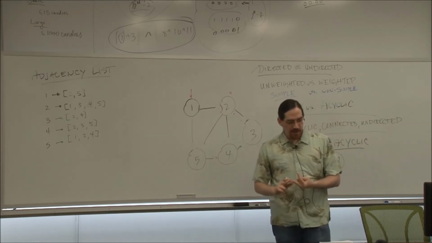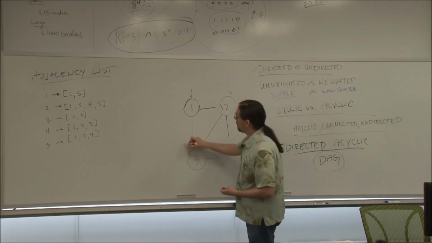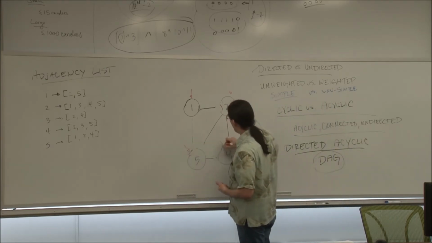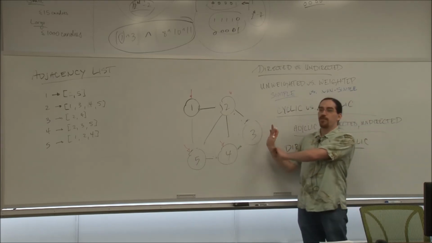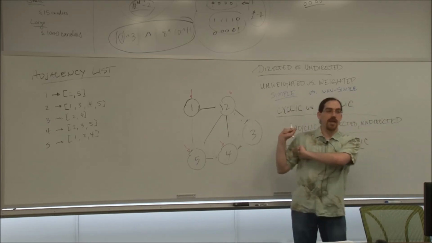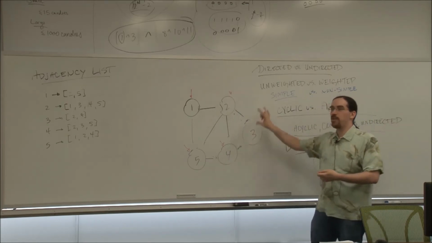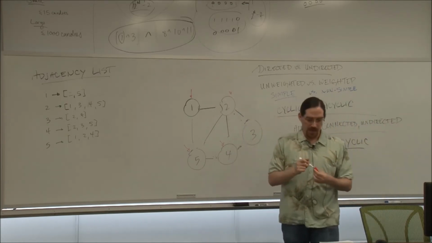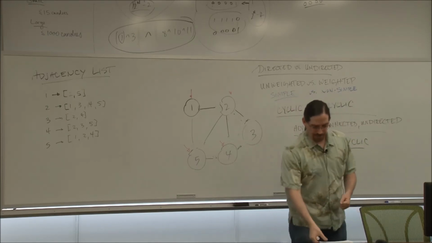And then secondly, we want to make sure we get the correct answer. So if we write a program and we say, OK, I've been to 1, 2, 4, and 5, but then we end before we get to 3, then we've made a mistake. We haven't sufficiently explored the graph. There are connections that we haven't gone through. So we need to be correct, and we need to be efficient.